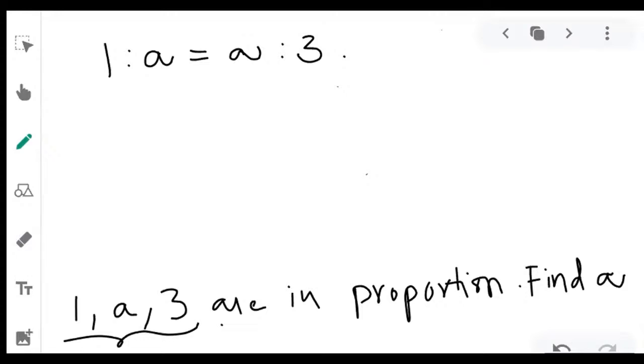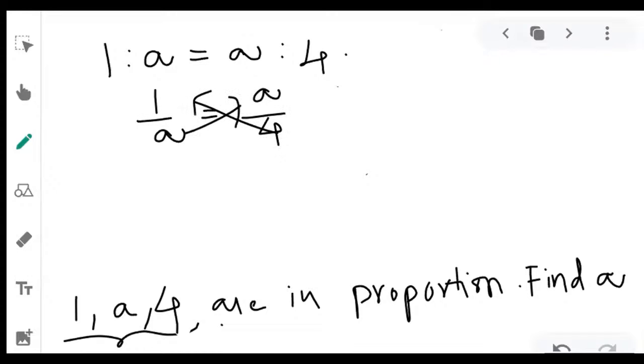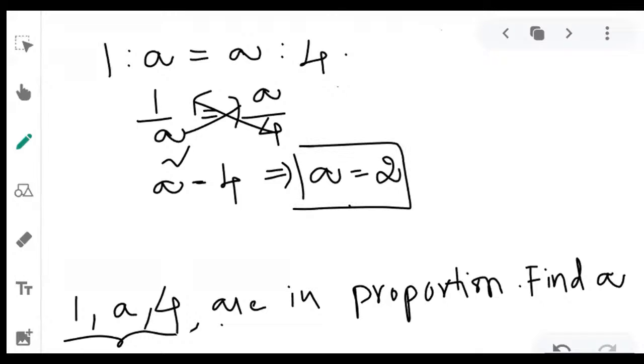All right. Then what is the value of a here? a is equal to 2, ma'am. So 1 by a equal to a by 4. On cross multiplying, a square is equal to 4. So a equal to 2. Right?